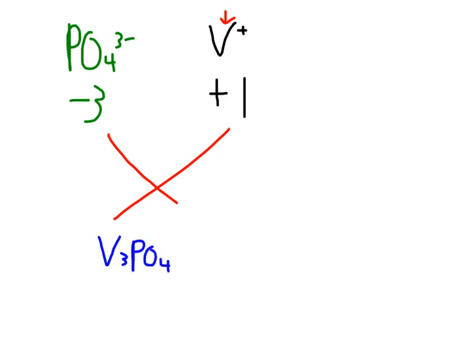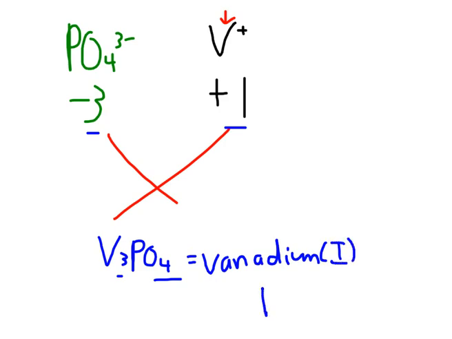That would be valid. 3 and positive 1 equals positive 3. Only one phosphate and negative 3 equals negative 3. This would balance out to 0. So what would the name be? Well, be careful because this time vanadium is a stock metal, so I've got to get my charge on there. Vanadium(1) phosphate.